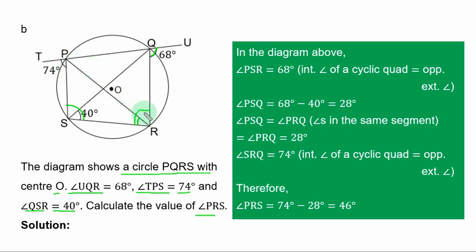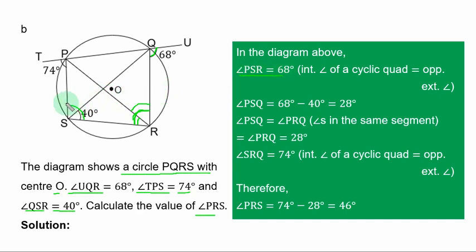That means, if we know this angle and we know this small part, if you subtract it from this whole angle, you get angle PRS.